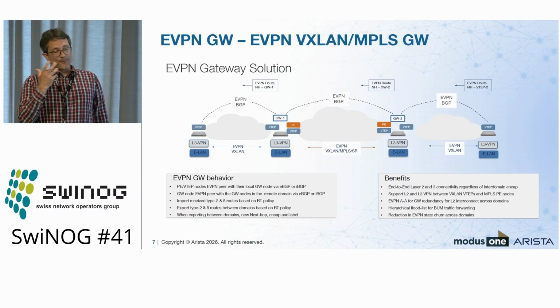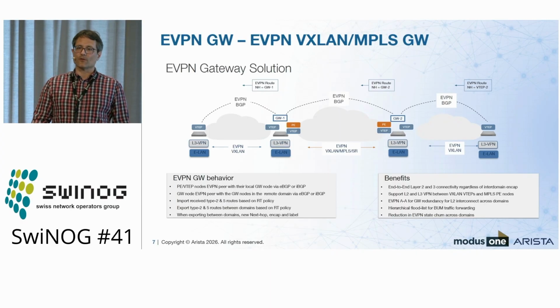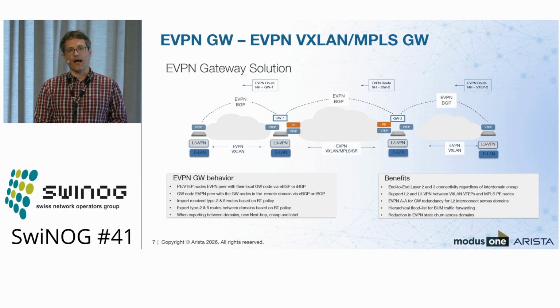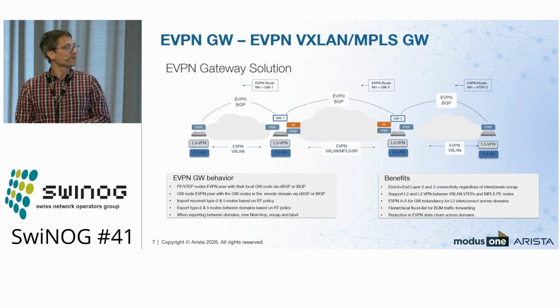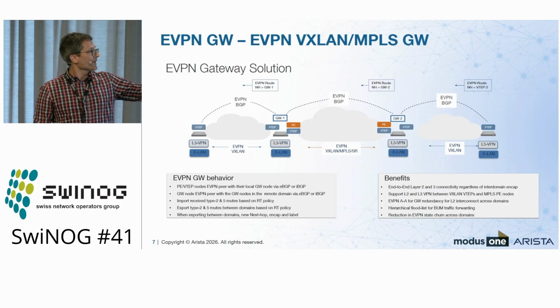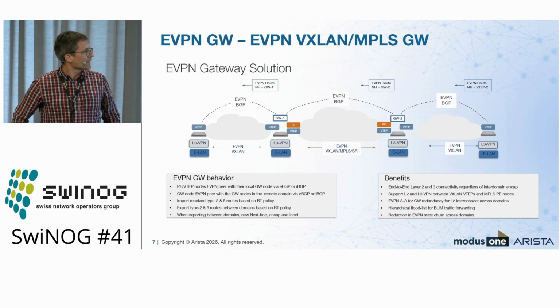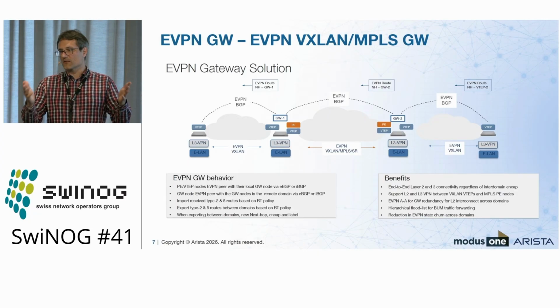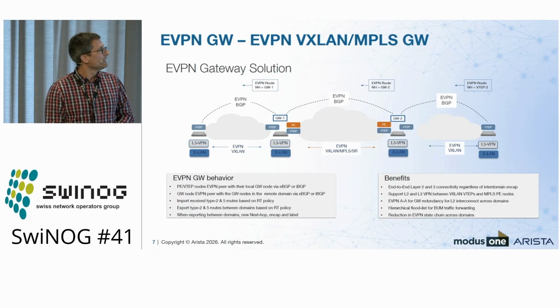So the basic functionality of the EVPN gateway to help with scaling is to introduce hierarchy into the whole EVPN fabric. Here we have gateway 1 on the left and gateway 2 on the right. In between, again, some backbone network, maybe also with VXLAN, maybe also with MPLS in the underlay.